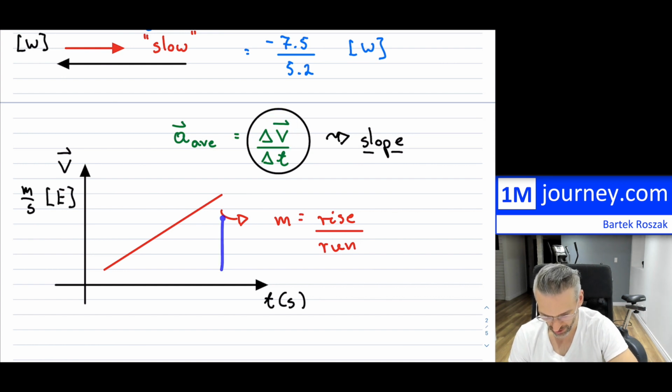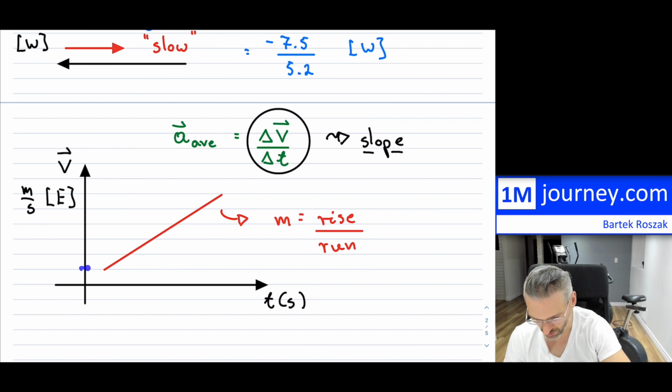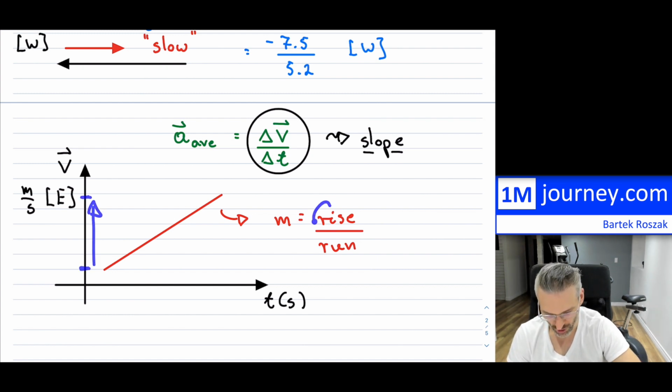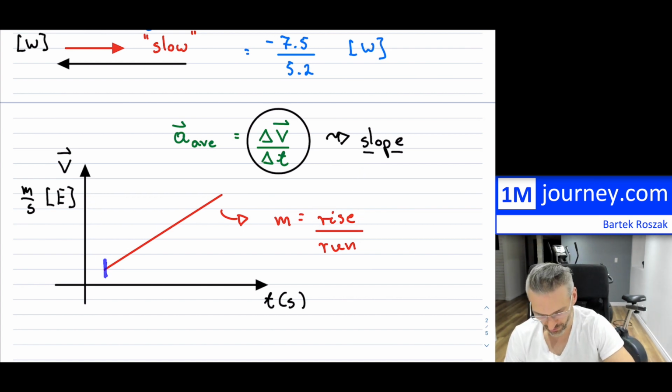So as you go from here to here, that's your rise, whatever those values are. So we could figure out what those values are. So that would have been our rise right there. And then our run, from here all the way over here, that's the change in time, and that's right there.